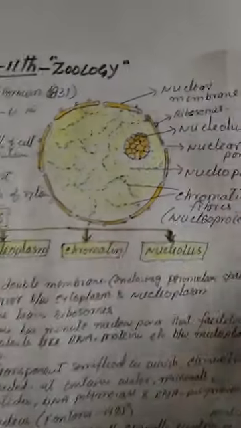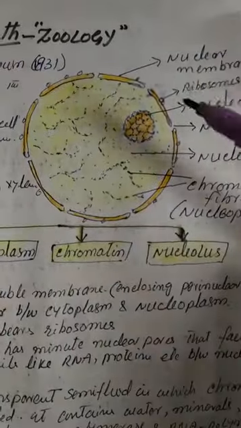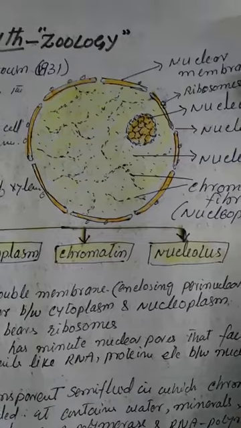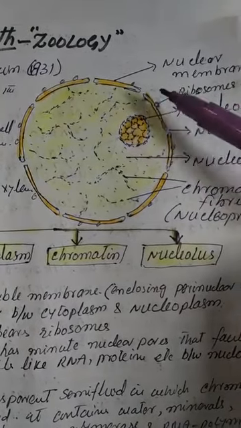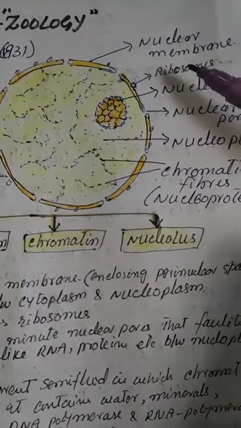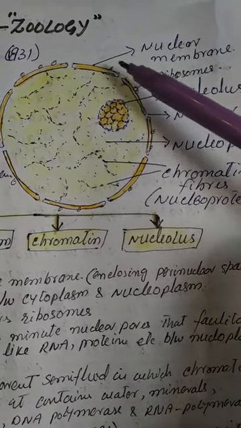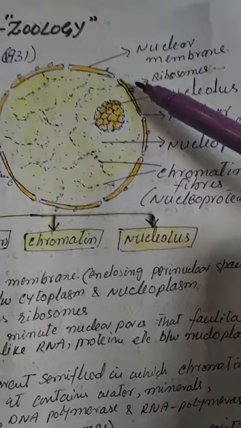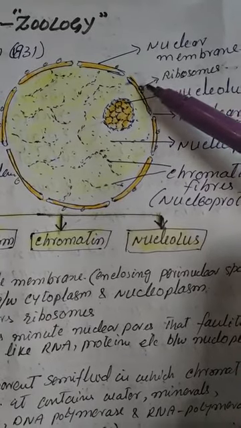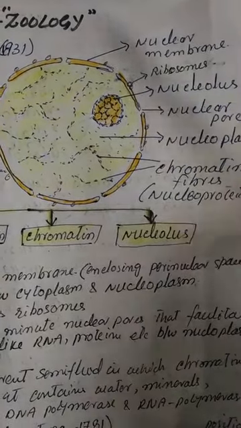As you can see in this sketch, the main components of the nucleus are this outer membrane known as the nuclear membrane. The nuclear membrane is a double-layered membrane, and on its outer surface, as you can see, ribosomes are attached to its outer layer.